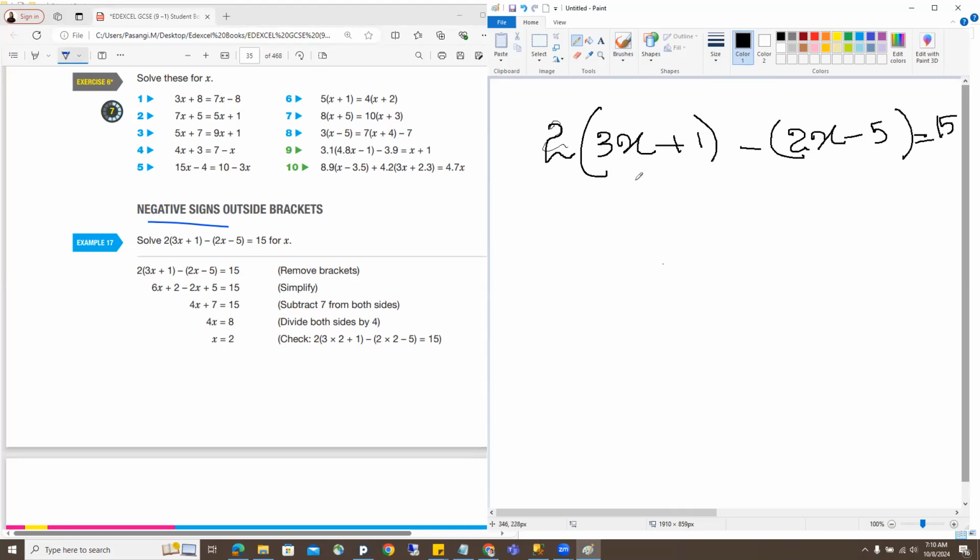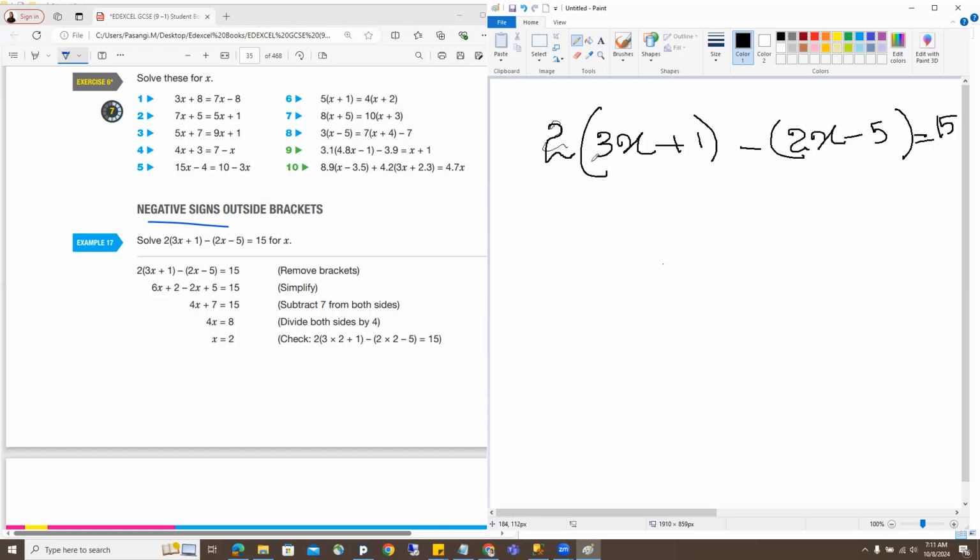So now how do we simplify this one? Solve means we need to find the value for x. First we have to remove all these brackets.